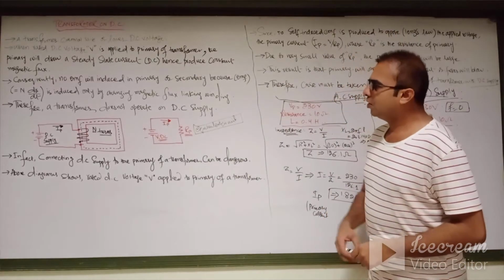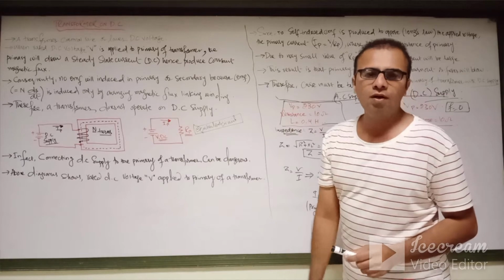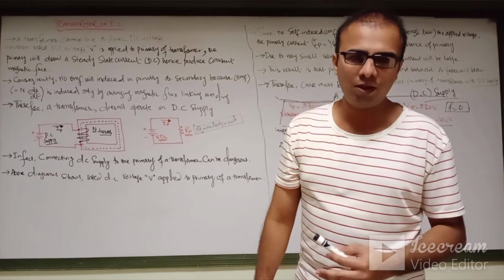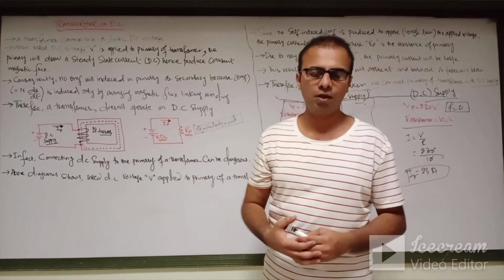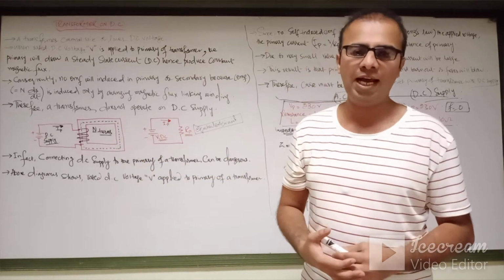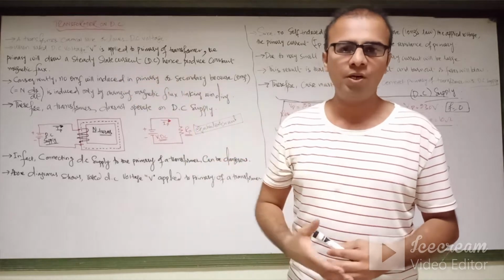A transformer cannot raise or lower the voltage at DC because the direct current supply has no variation with respect to time. It has a steady state operation.